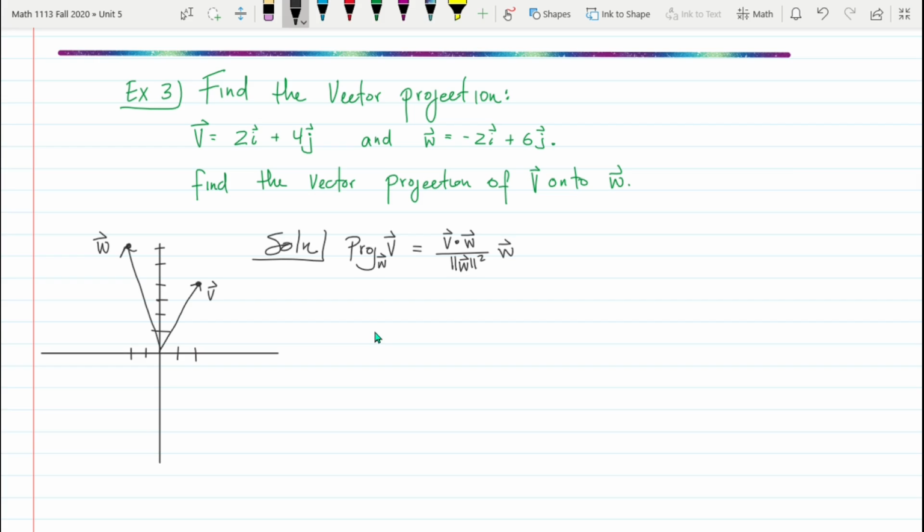So let's find those separate pieces. The dot product between v and w: we have 2 times -2 plus 4 times 6. So -4 plus 24 equals 20.